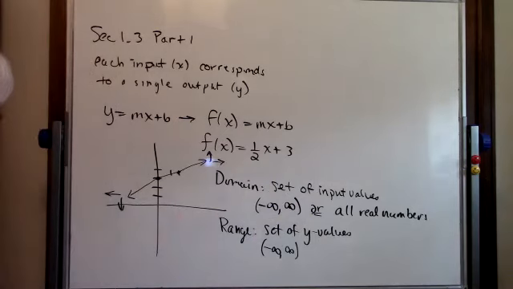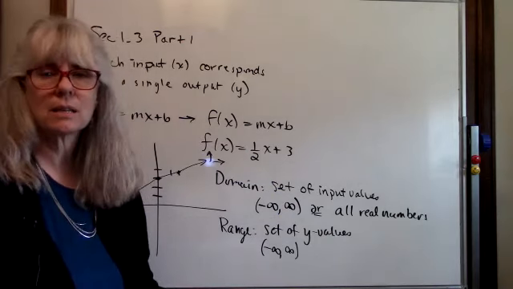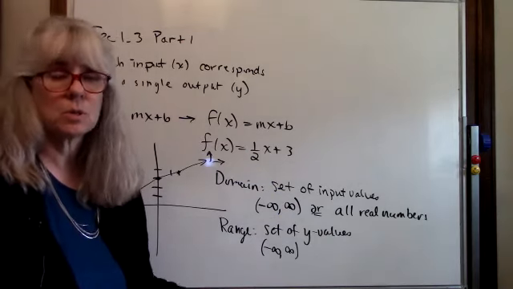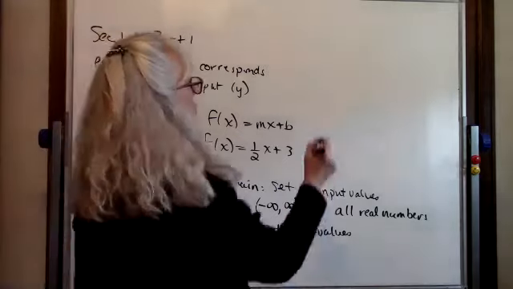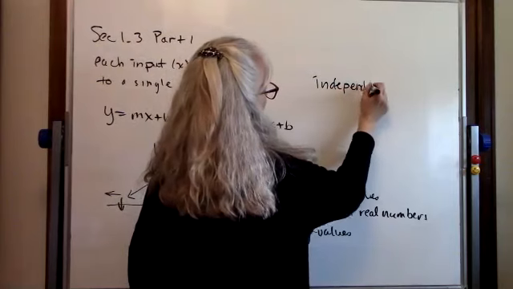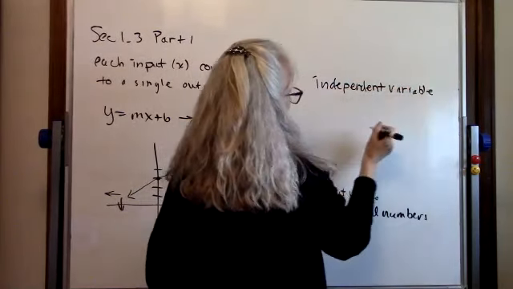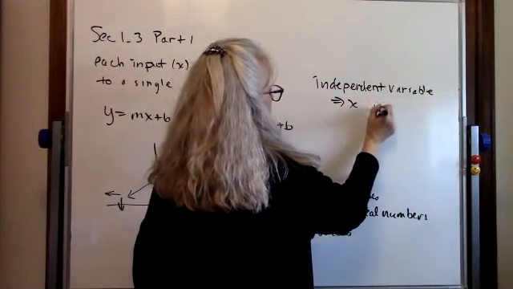Finally, the last conceptual question is asking what's the independent variable and what's the dependent variable. These are terms that are sometimes used for the input and the output. The independent variable is your x, which is your input.